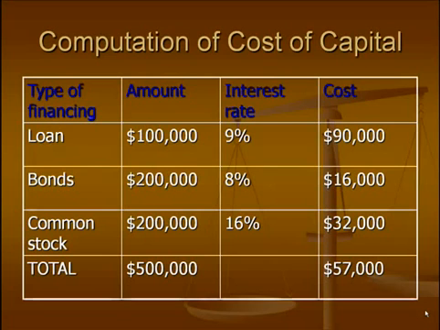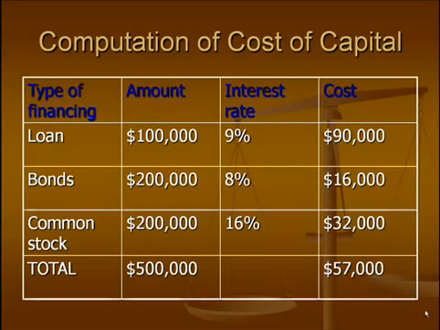So the cost is 9% of 100,000, which is 9,000. I'm sorry, I just realized it's shown as 90. It should be 9,000, not 90,000. The cost, let me repeat that, 9% of 100,000 is 9,000. There's a typo, and I do apologize.